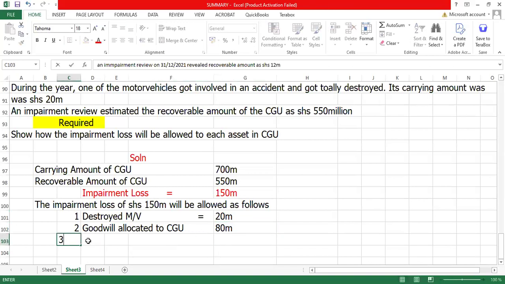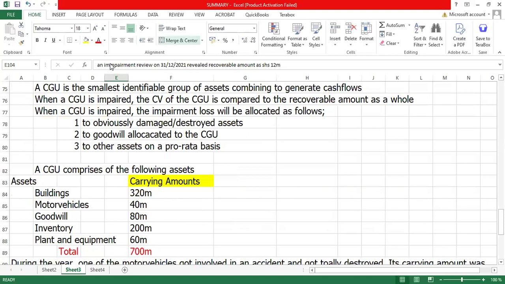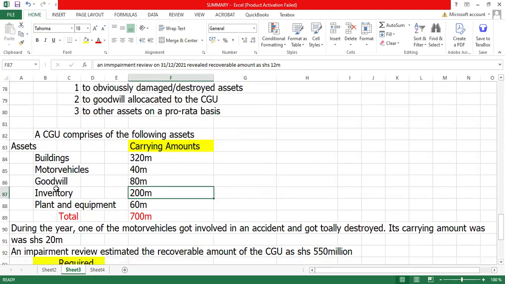Then next we look at other assets. You allocate the remaining impairment to other assets on a pro rata basis. Remember, as you allocate, there are some assets where we don't apply IAS 36. This is where the examiner will catch you.